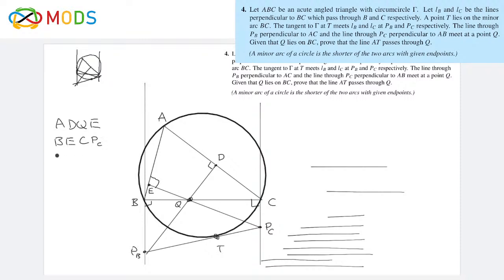And by symmetry, CDBPB. Okay, that's it for geometry. Cool, now let's go to the next problem.